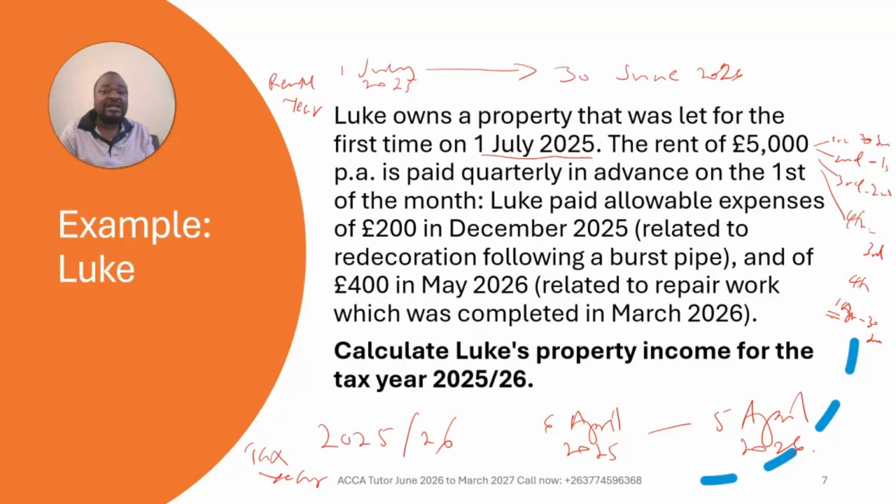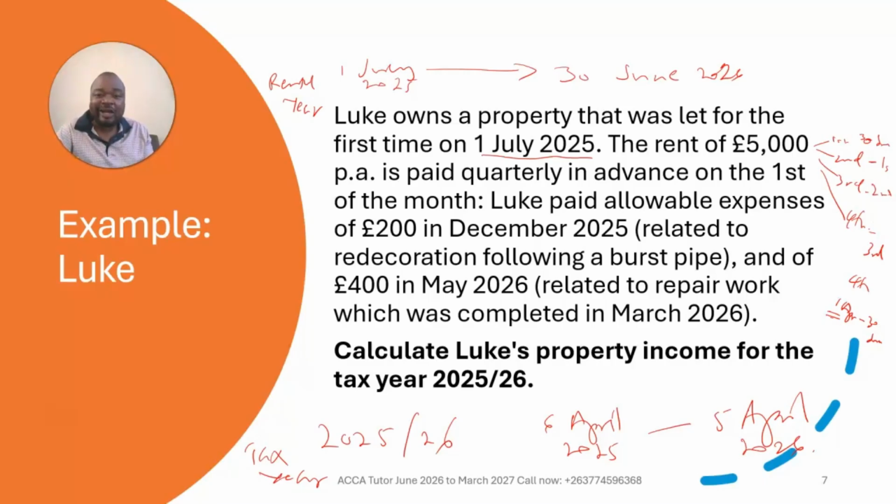So the 5,000 is going to be taxed in the tax year 2025, 2026, despite the fact that much of the usage of this fourth quarter relates to the rental enjoyment for the tax year 2026, 2027.